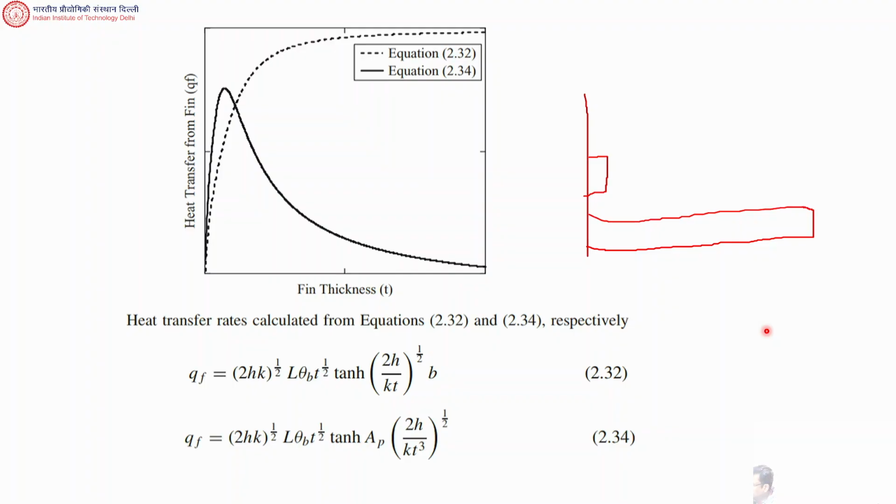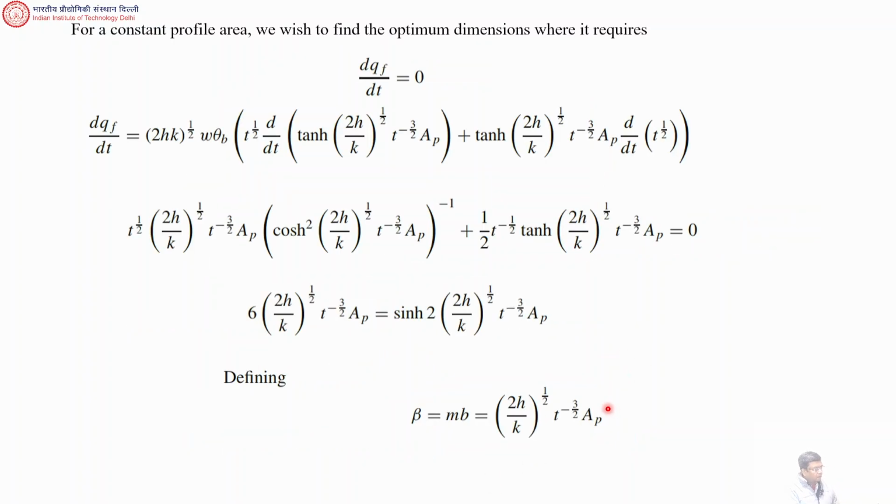So do that and then understand this one. Okay. And then the next thing that we'll try to do is take this expression and then do a dQf/dt of this one.